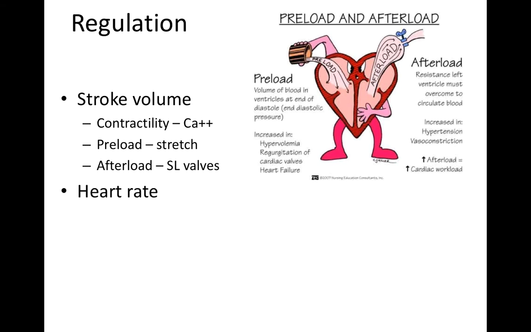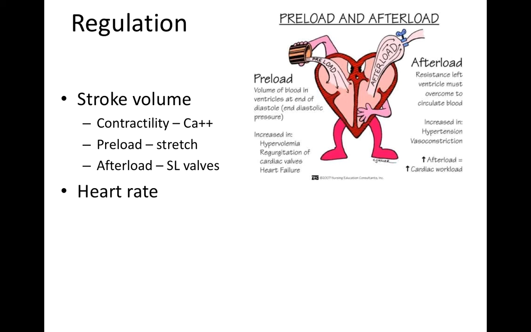As it sits there on top of the valve, it is applying a pressure that the ventricle will have to overcome the next cycle. That is afterload. It's the resistance that the ventricle is encountering when it tries to open the semilunar valves. Whenever stroke volume goes down or force of contraction goes down, afterload goes up, which will then further cause problems with stroke volume. You've got to spend some time with these.